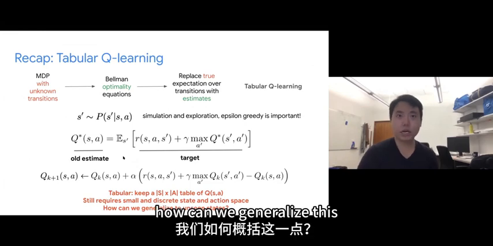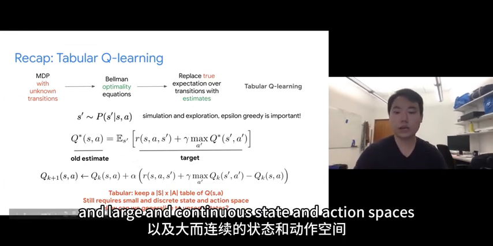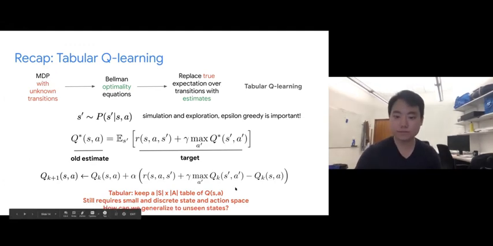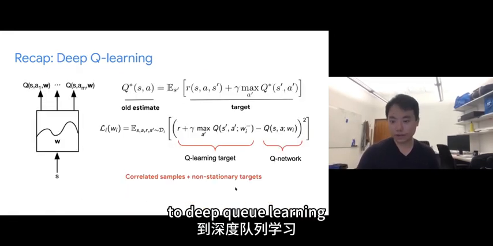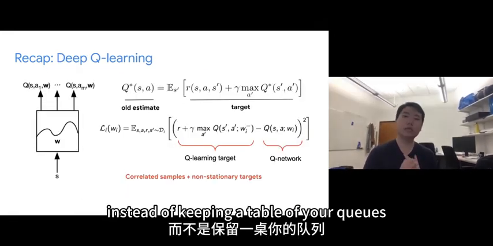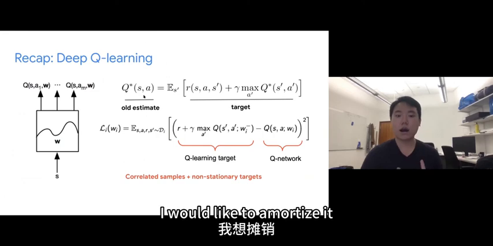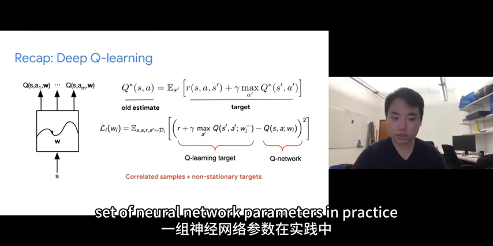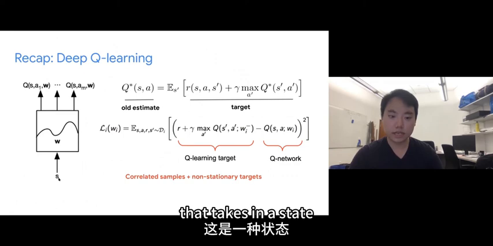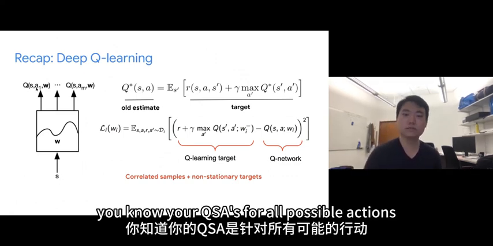So the next question is, how can we generalize this to even work with unseen states and large and continuous state and action spaces? So that's when we extended tabular Q-learning to deep Q-learning, which is the idea that instead of keeping a table of your Qs across all states and actions, I would like to amortize it, by just learning a single weight function, a set of neural network parameters in practice, that takes in a state and predicts your QSAs for all possible actions.